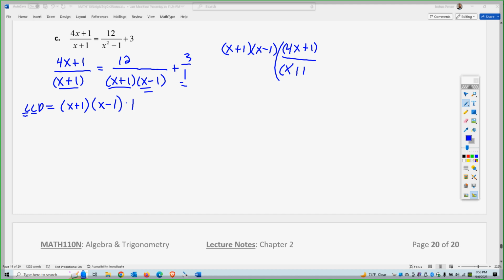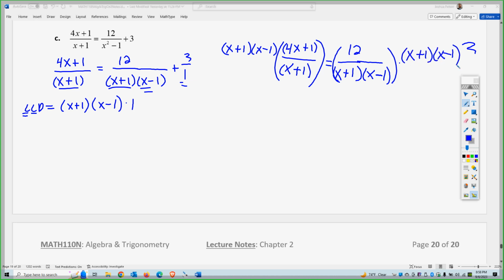Plus 1 equals, right, the right side, 12 over x plus 1, x minus 1. Oh, we're so close to done, the pen's dying. All right, times x plus 1, x minus 1.